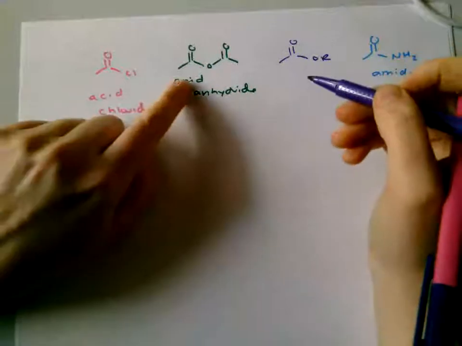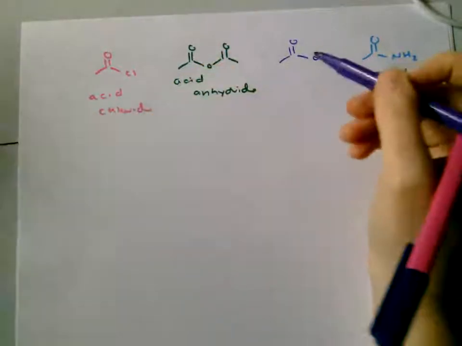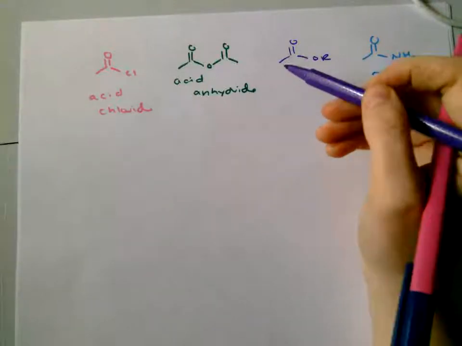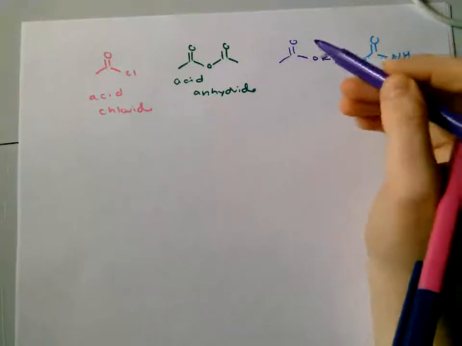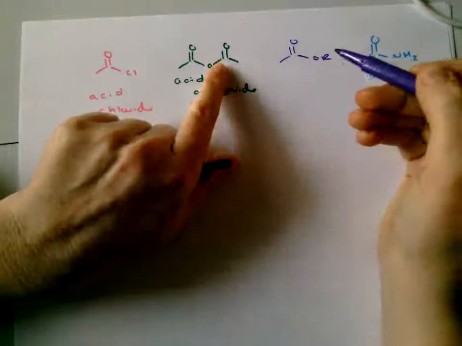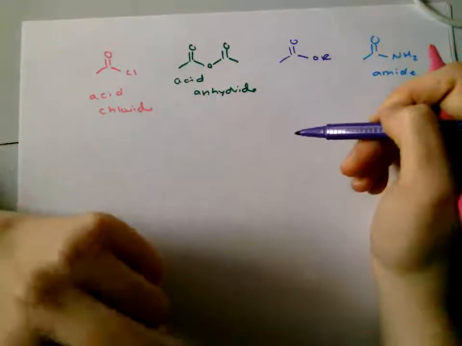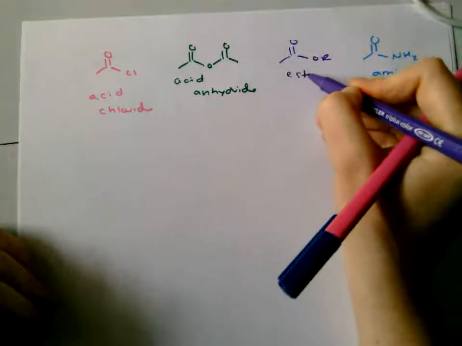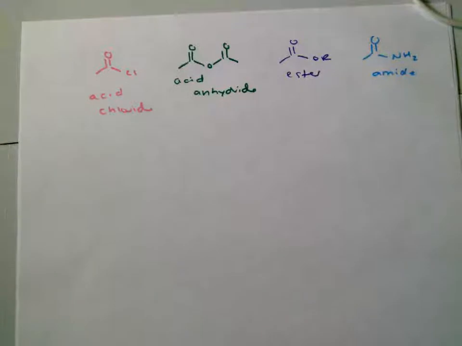And on this one, from the carboxylic acid, you get that acid anhydride. You take away a hydrogen from one carboxylic acid and OH from the other, that's a water anhydride. So these are some of the big derivatives of carboxylic acid.